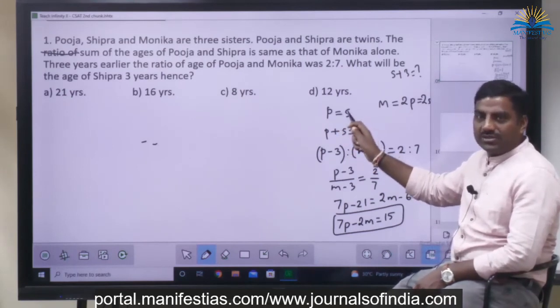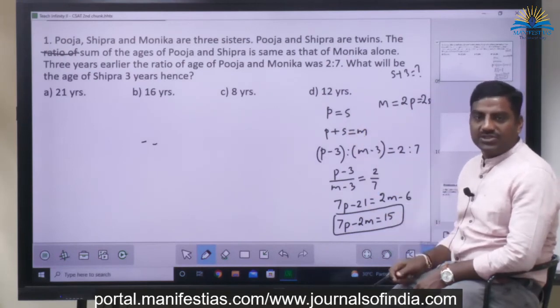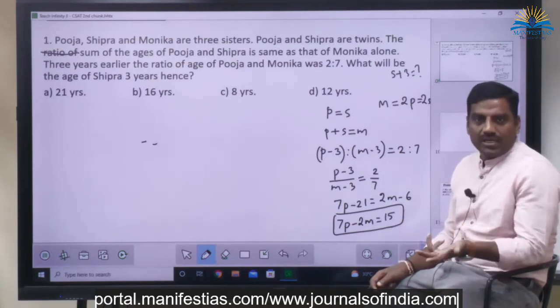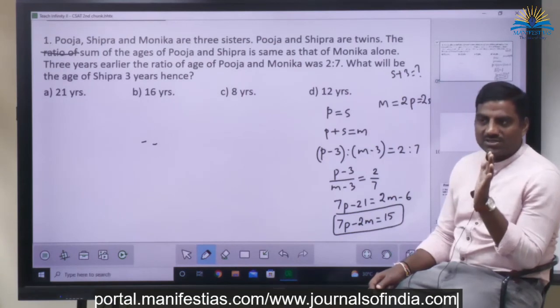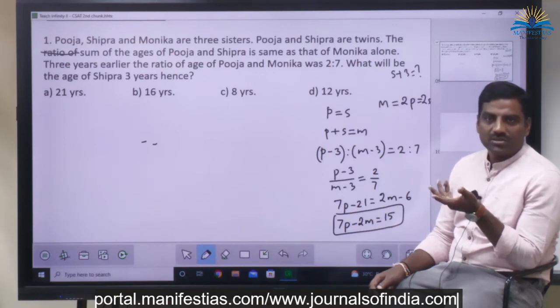Pooja and Shipra are twins. Their sum of ages is equal to Monica's age. So Monica is twice as old as either Pooja or Shipra. Are you making sense of this? Let's say Pooja is 4 years, Shipra is 4 years. Monica is 8 years. Like that.